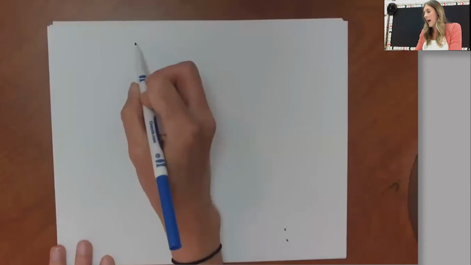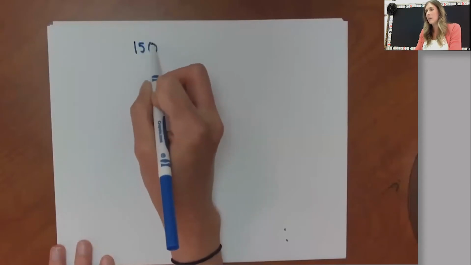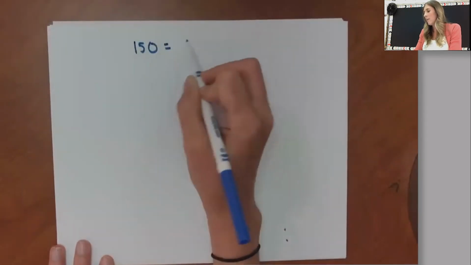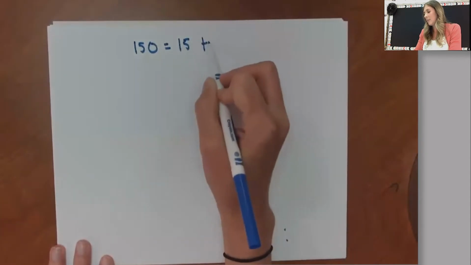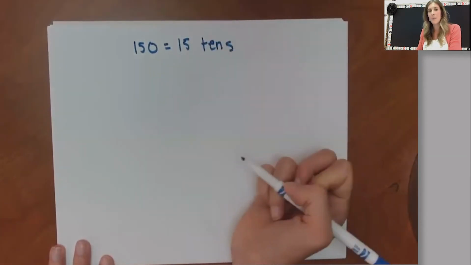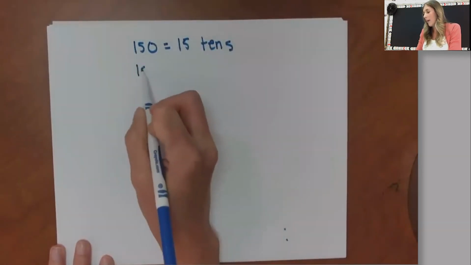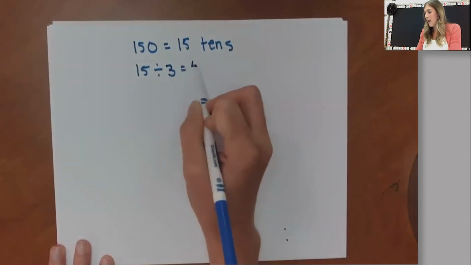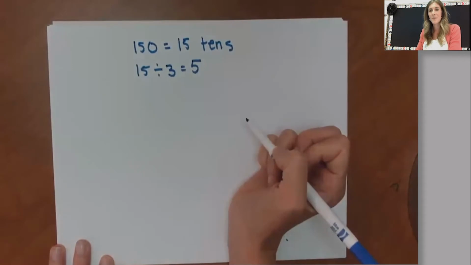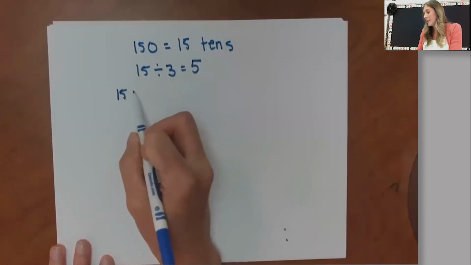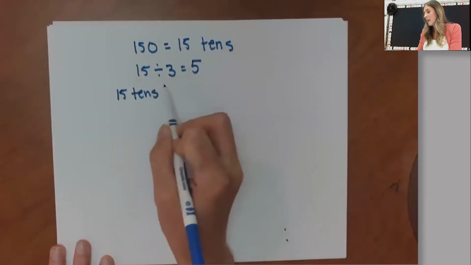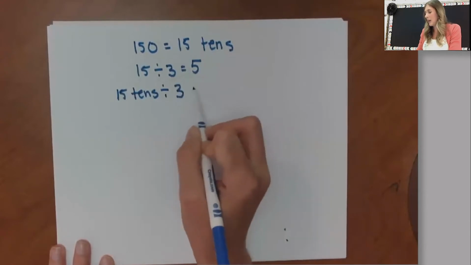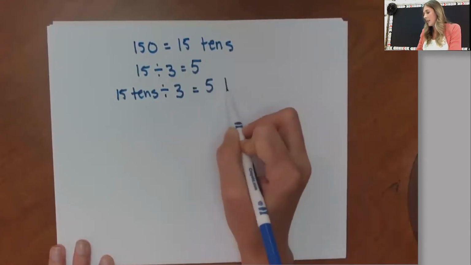We know that 150 equals 15 tenths. We know that 15 divided by 3 equals 5. So we know that 15 tenths divided by 3 would be 5 tenths.